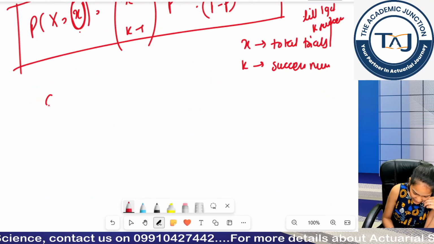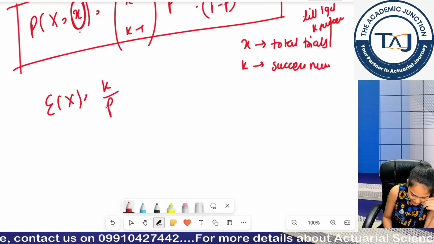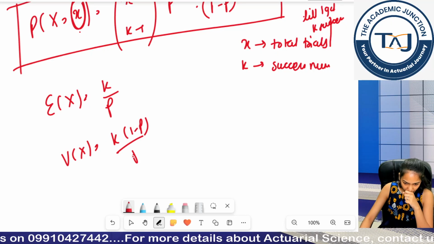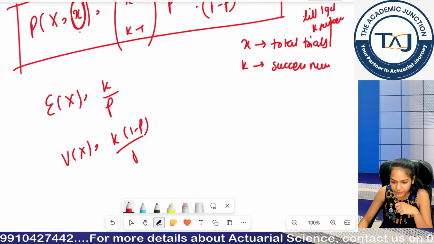Now coming forward, expectation of x will be k by p and variance of x will be k into 1 minus p by p. Just a second.